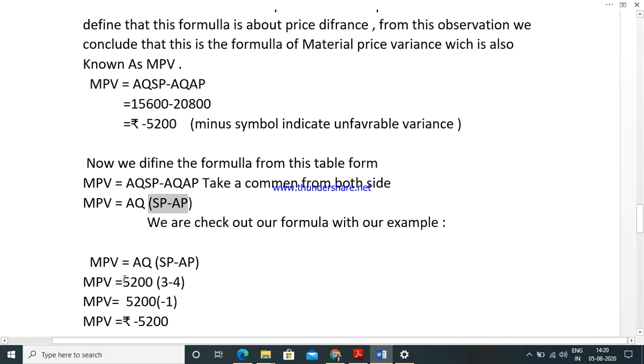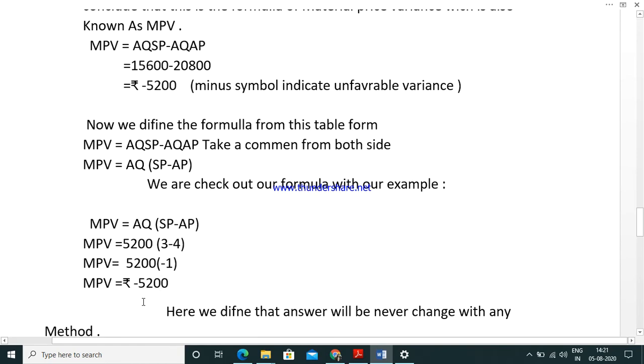Actual quantity is 5,200, standard price is rupees 3, actual price is rupees 4, means material price variance is equal to 5,200 multiplied by minus 1. MPV is equal to rupees 5,200 unfavorable. Unfavorable is indicated as minus. Here we see that the answer never changes with any method.